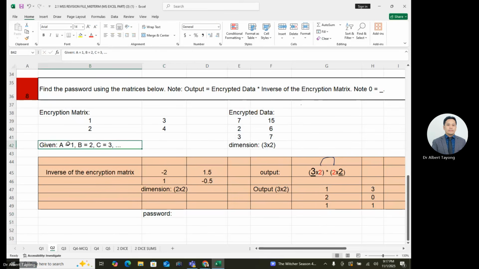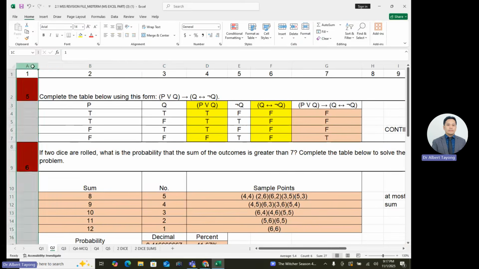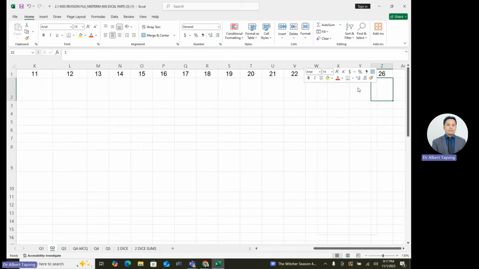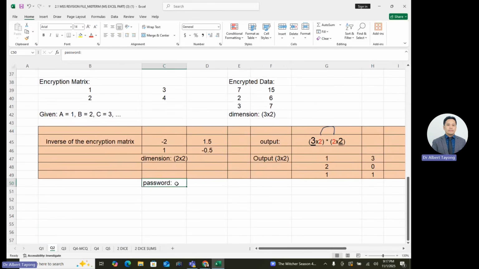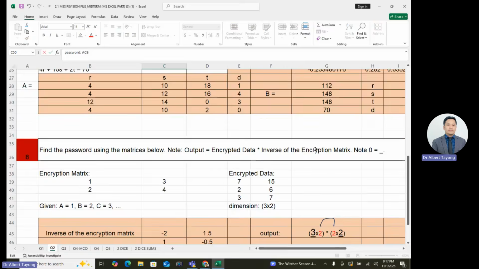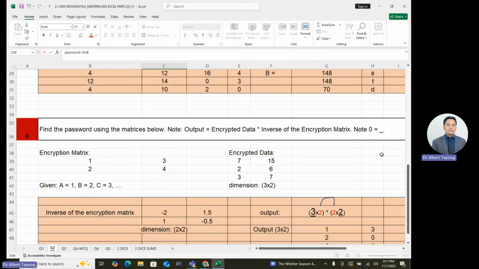So our password, okay, follow the numbers here, A, B until Z. Z is 26. Okay, so the first one is 1, so that's A, followed by 3, that's C, 2 is B, 0 is underscore, I mentioned it here.